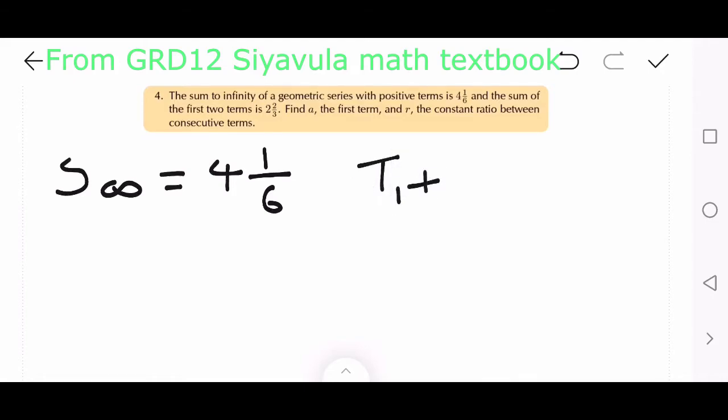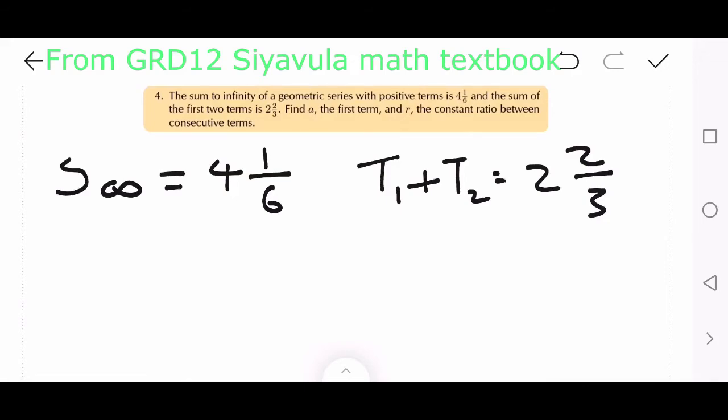Our last question says the sum to infinity of a geometric series with positive terms is 4 1 over 6. So the sum to infinity equals 4 1 over 6, and the sum of the first two terms, so t1 plus t2, equals 2 over 3.